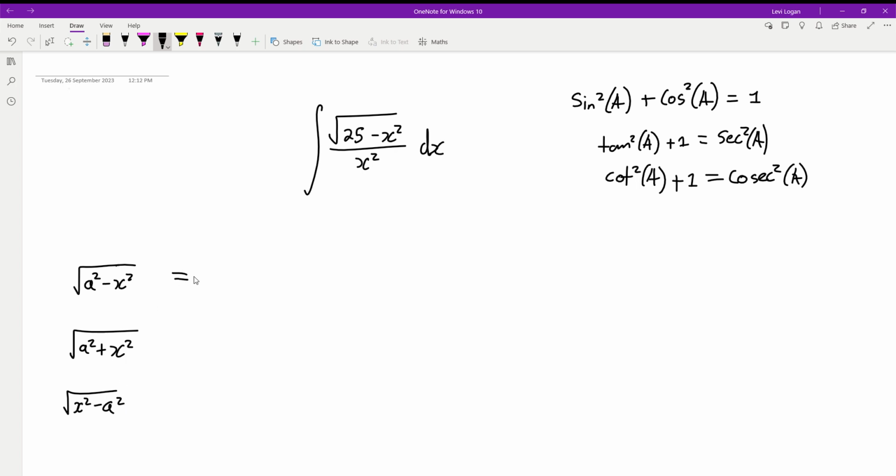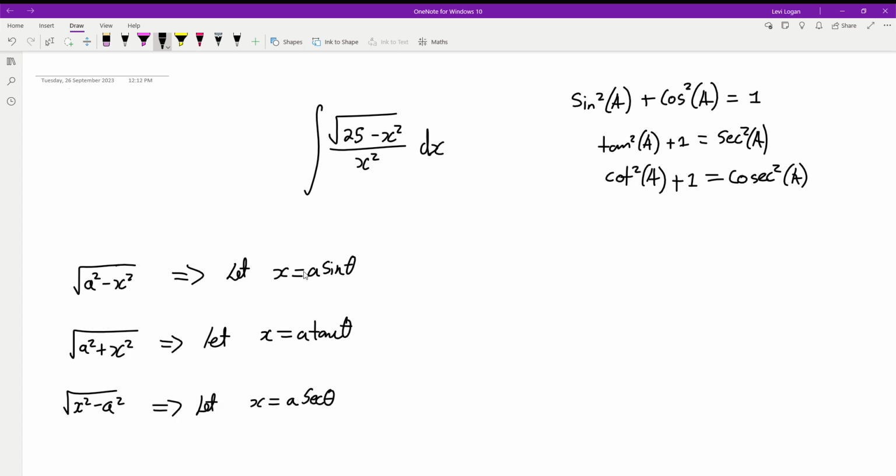The common substitution used is to let x equal a sine theta for this one. For this one here, it's to let x equal a tan theta. And for this one down here, it's commonly used to let x equal a sec theta.